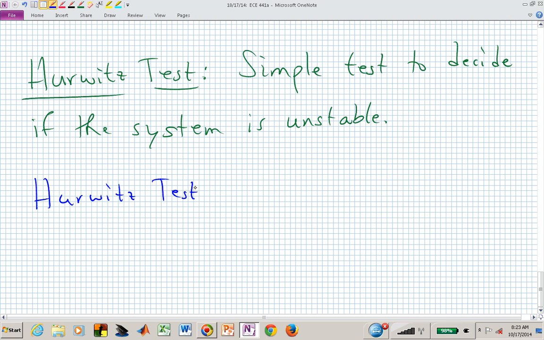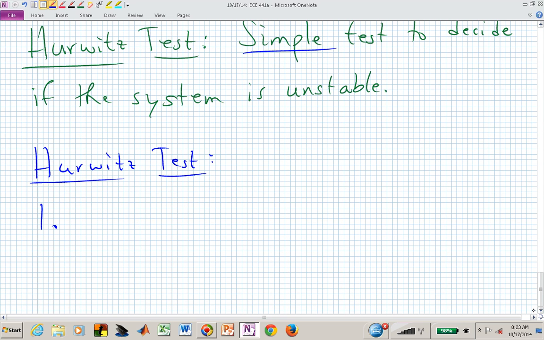Here's the Hurwitz test. And I said above it was a simple test. The test says if you look at this polynomial, are all of the coefficients present? That means, are they there? Do they appear? If any of them are 0, you've already violated the Hurwitz test.